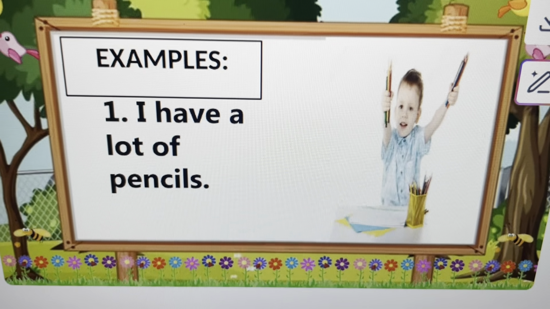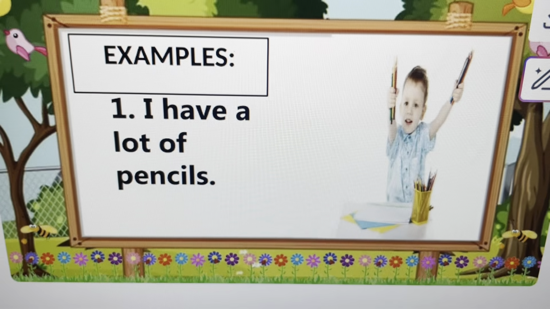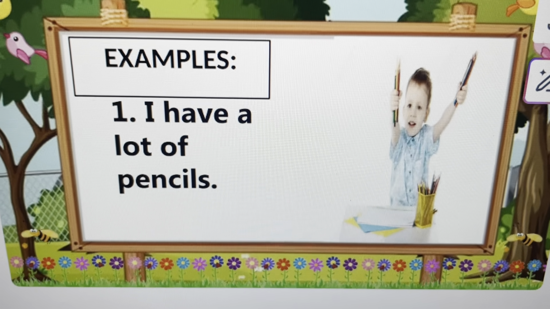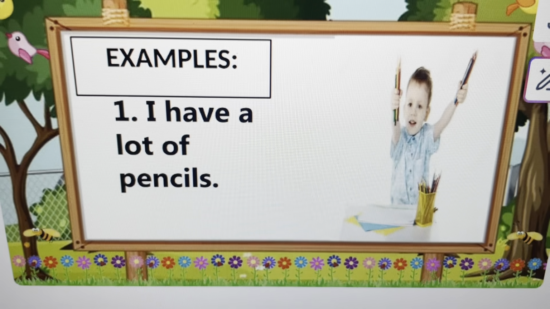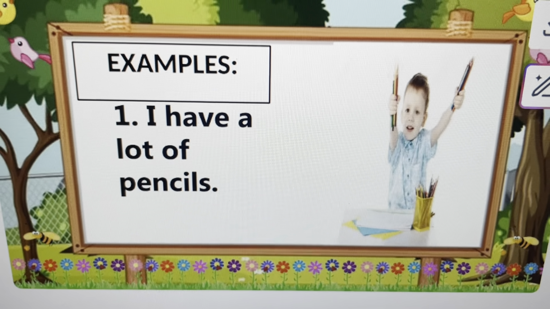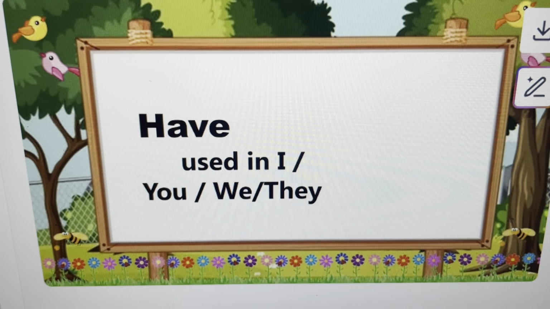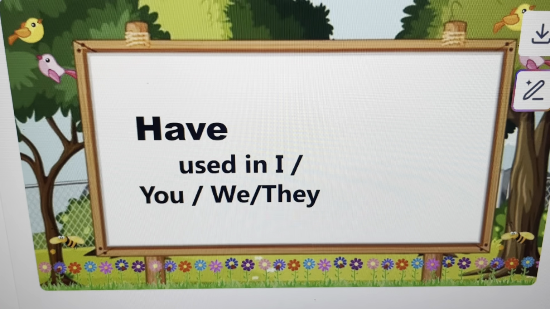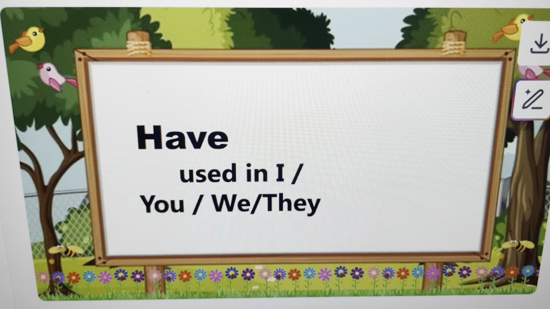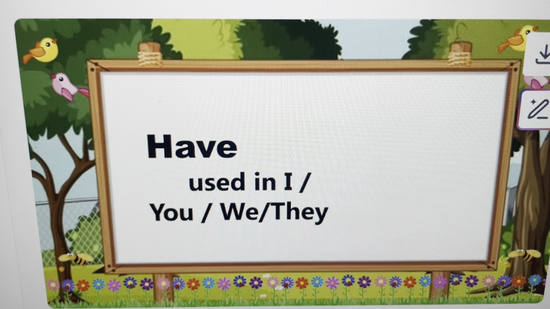Check here. I have a lot of pencils. Why are we using have here? Because a lot of pencils, the object, is more than one. So we are using have here. I have a lot of pencils. Usually have comes with I, you, we, they. I and you are singular, but the nouns will come more than one.